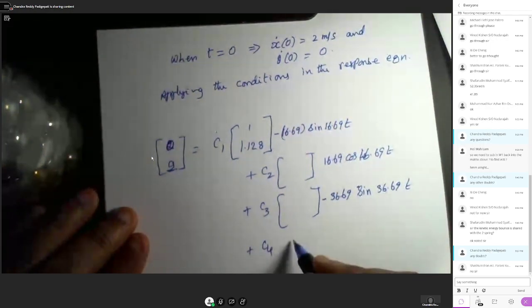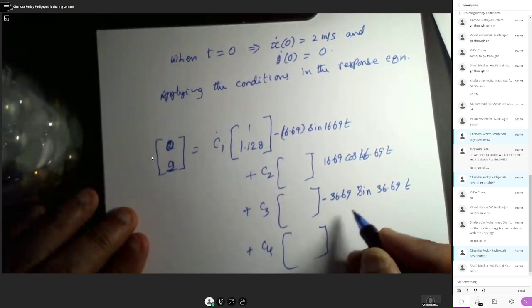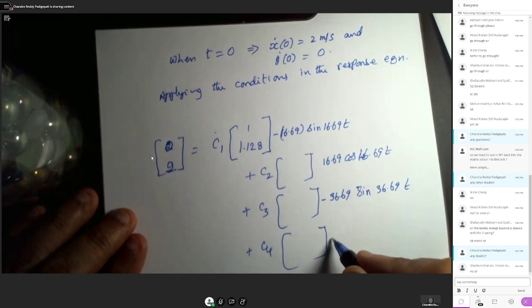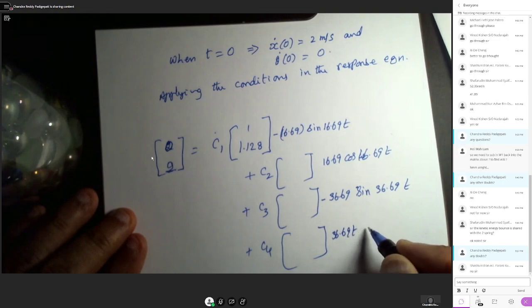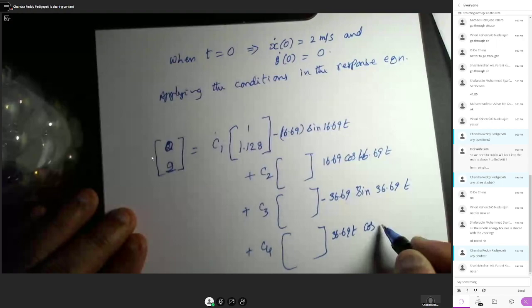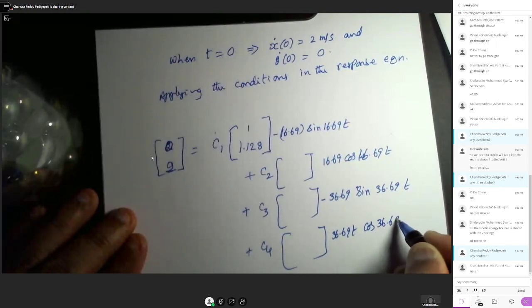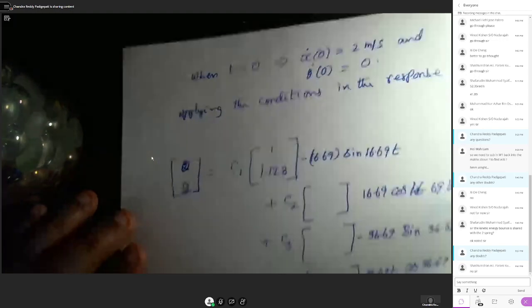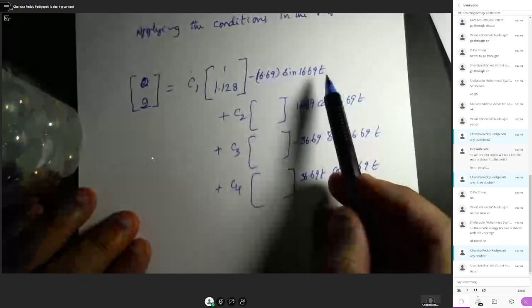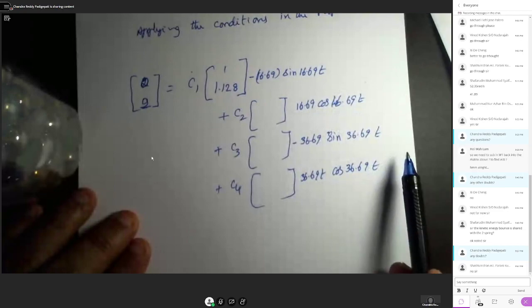Then plus C4 into 36.69, sine omega t becomes cos omega t, so cos 36.69 t.